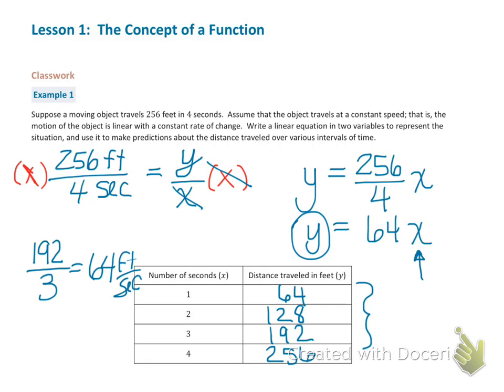I might even go beyond and try to predict how far this object will travel in 5 seconds or 10 seconds. In 10 seconds, our object's going to travel 640 feet. So we could make some predictions like that.